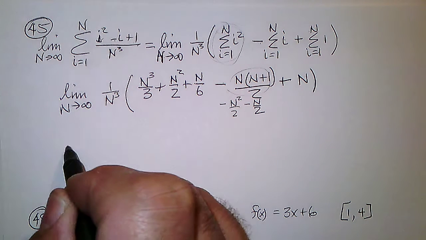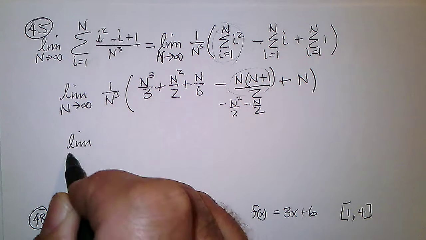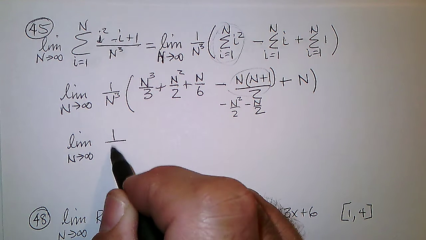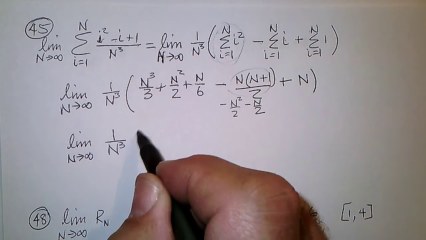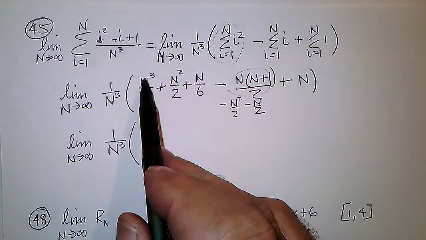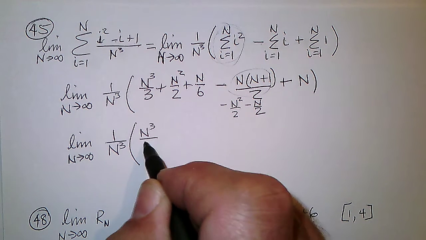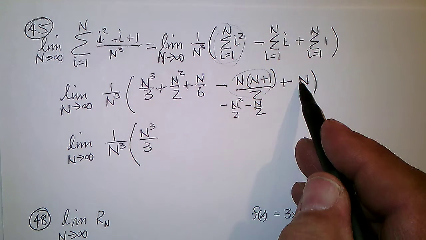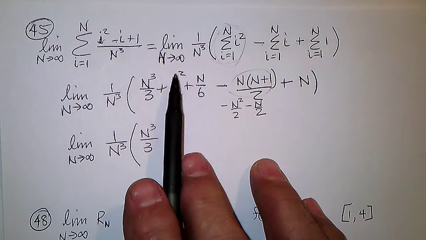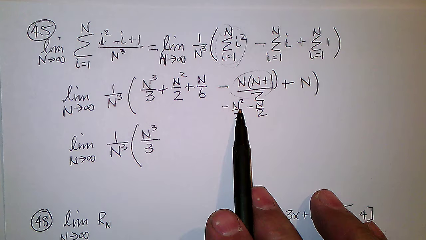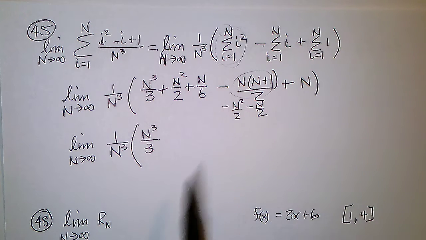So, what do we have? We have the limit as n approaches infinity of 1 over n to the third times n to the third over 3. That's the only term that has n to the third. N to the second, I have half of it minus half of it, so those cancel out, and there's no more n squareds.